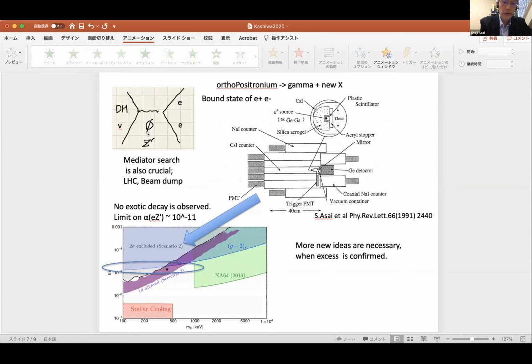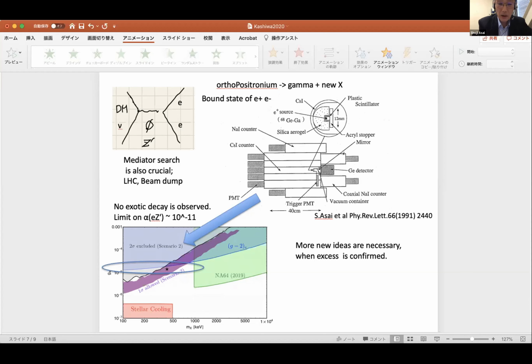But not only accelerators, atomic physics can also be used. For example, orthopositronium is a bound state of an electron and positron whose spin is equal to 1. So it is the same as a photon, virtual photons, or it decays into a gamma plus such mediators.